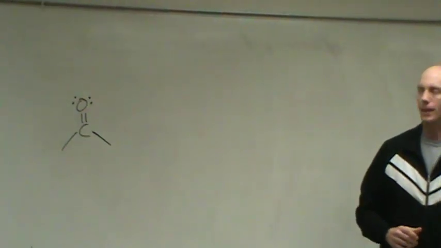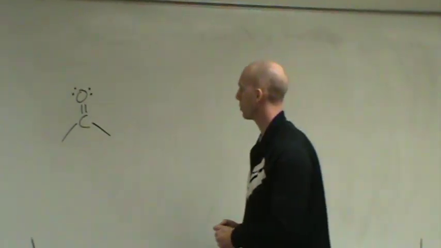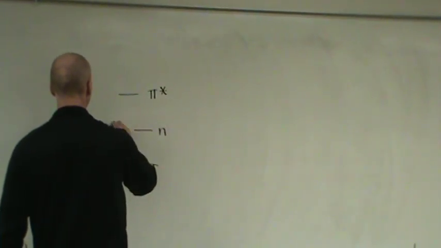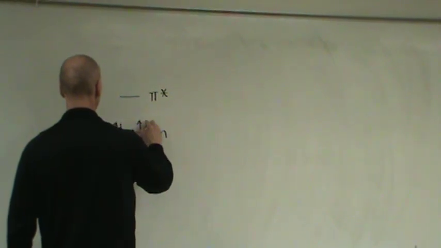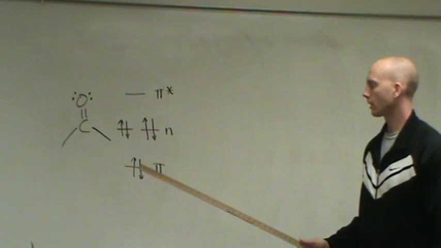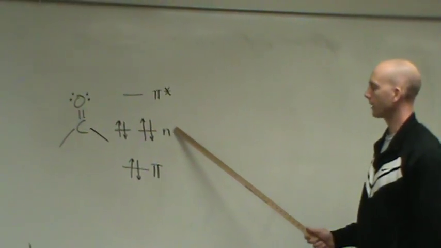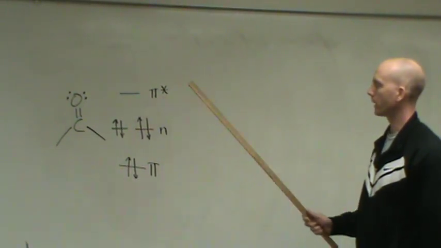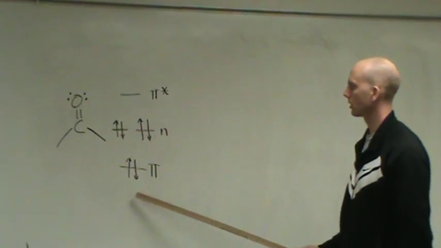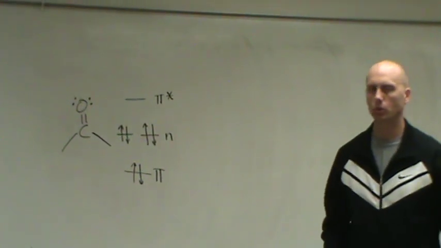Remember, if we have a carbonyl, that we had an extra level in here. Okay. Remember, we had the pi for bonding, n for non-bonding, and then the pi star for the anti-bonding.